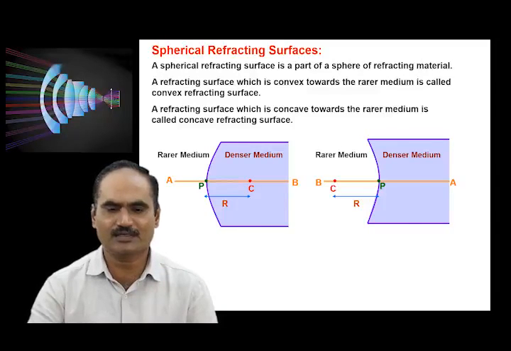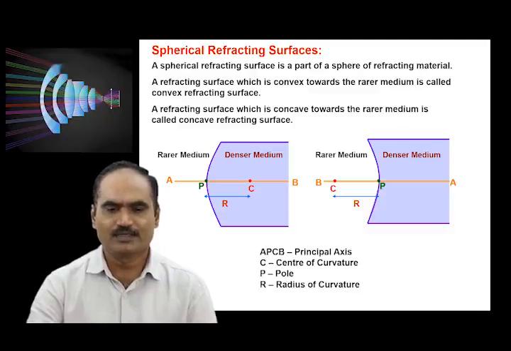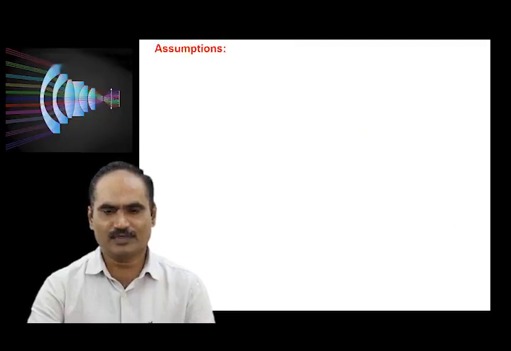That center is called the center of curvature, and that distance is noted as the radius. In the same way here also. But one thing you can notice is that in the case of a convex surface, the center of curvature is inside the medium, whereas in the case of a concave surface, the center of curvature is outside the medium, right?